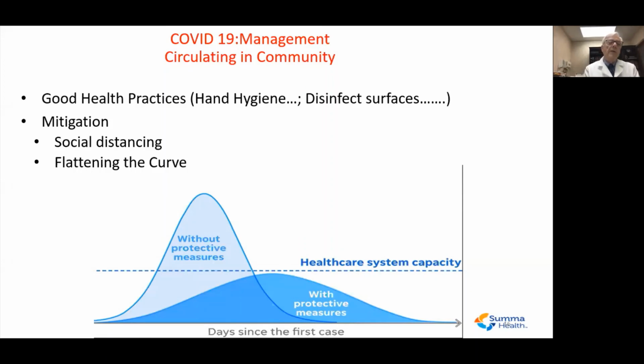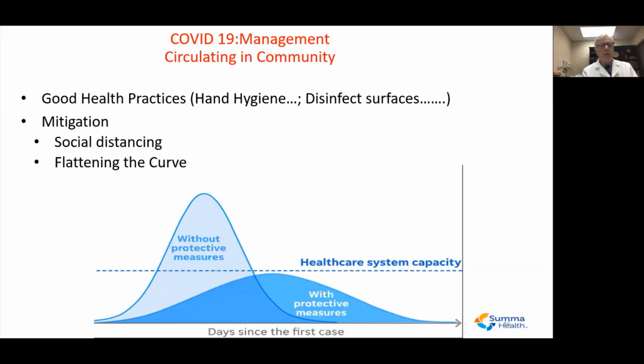And then we have the mitigation policies, which is social distancing, which simply means, since we know that the primary route of transmission is person to person, and it's usually within a 5-6 foot distance, if we can increase that distance of interpersonal contact, we're going to be able to reduce the transmission.